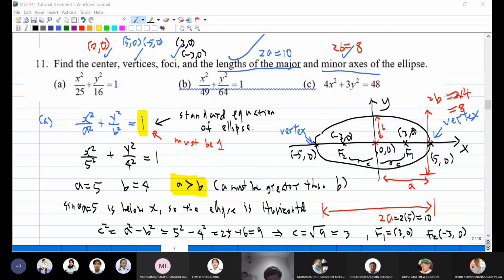Vertices are the furthest points away from the center. Here the center is always (0, 0). Then the length of the major axis here is 2a, and the length of the minor axis here is 2b. So this is part a of question 11.